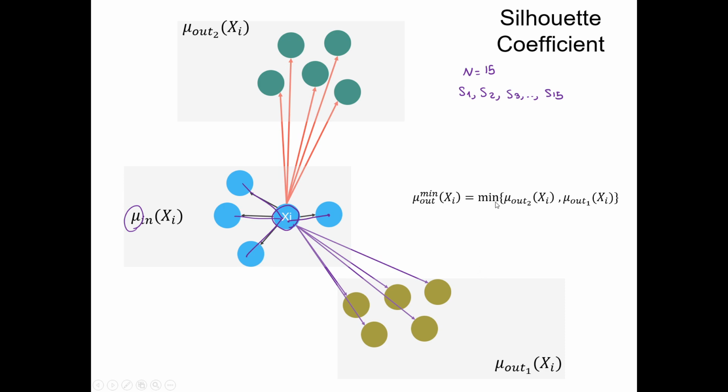If you look at it here, I am particularly interested in the minimum mu out. Why are we interested in the minimum mu out? Why not the maximum? Any thoughts?